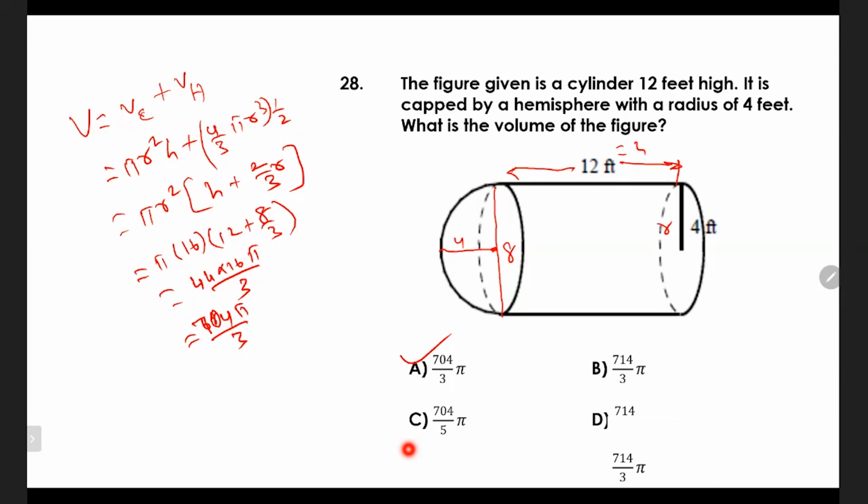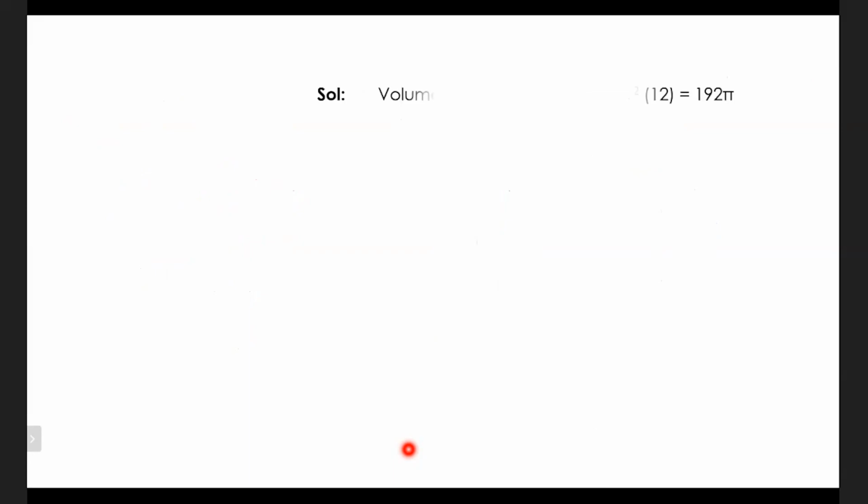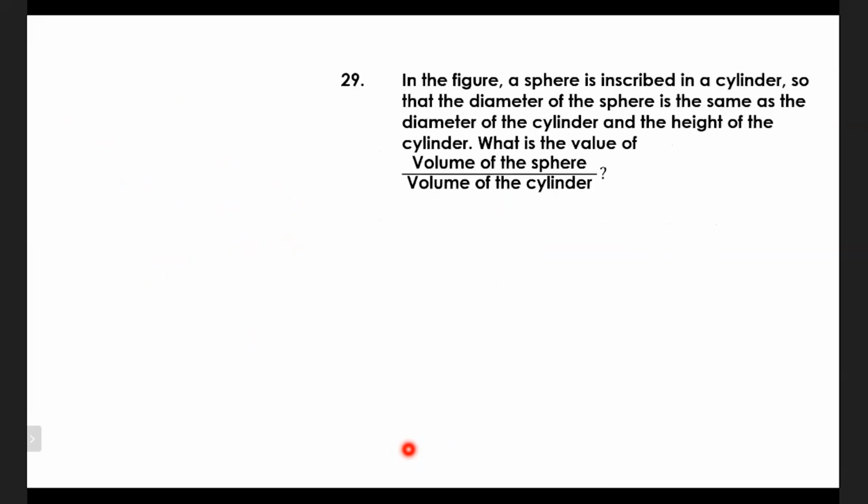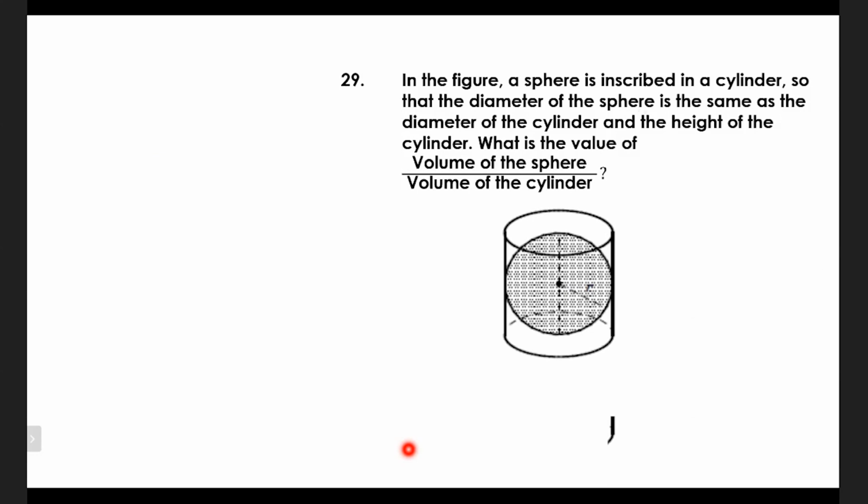Okay. So let us go to the next question. In the figure, a sphere is inscribed in a cylinder so that the diameter of the sphere is same as the diameter of the cylinder and height of the cylinder.